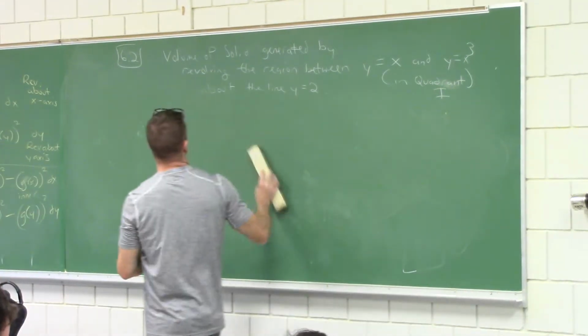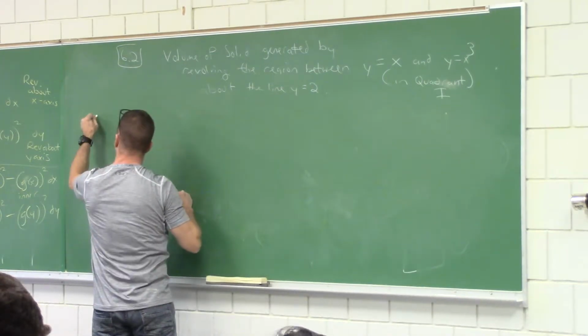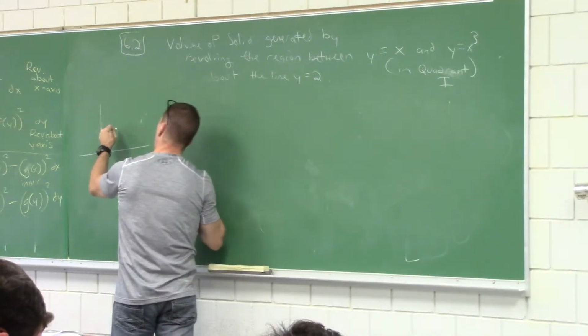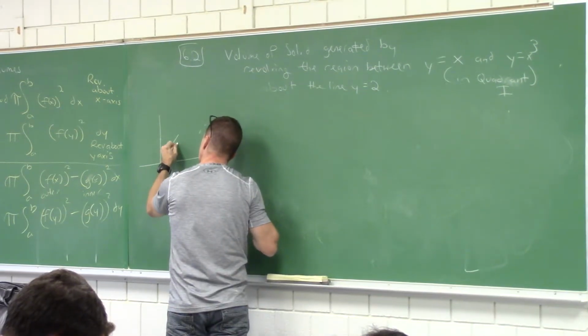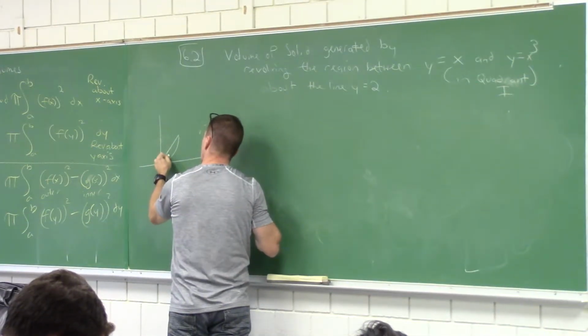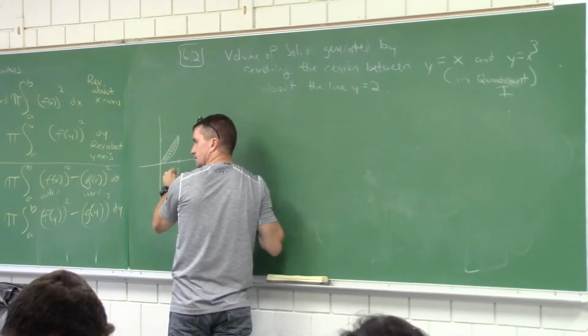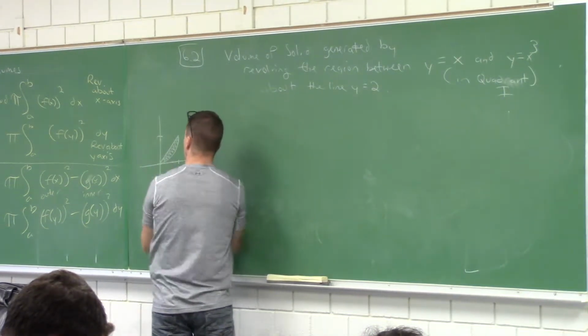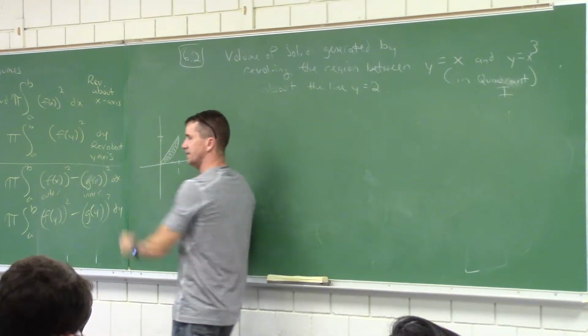Find the volume of the solid generated by revolving the region bounded by, let's do it again, y equals x cubed. Hey, where did these intersect at? 1? Yeah. I'm curious, what's that y value? Is that 1 too? Good.